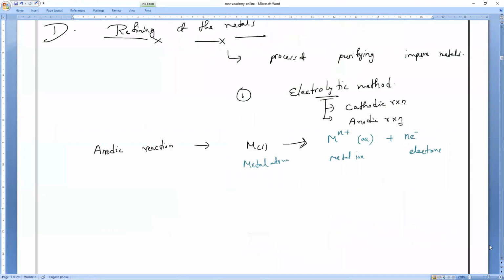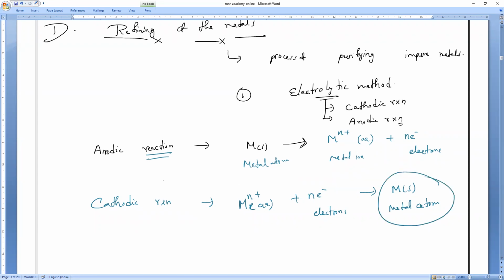Now the cathodic reaction: these metal ions in aqueous state come to the cathode, react with the electrons and turn into metal atoms again. So cathodic reaction as well as anodic reaction take place. At the anode they lose electrons, and at the cathode they gain electrons and turn into metal.